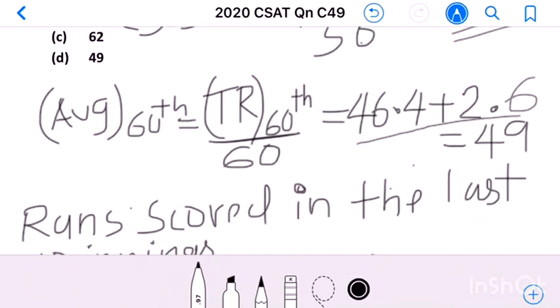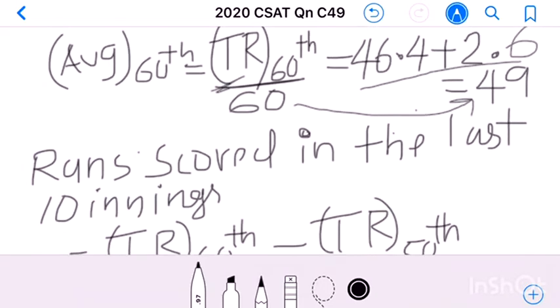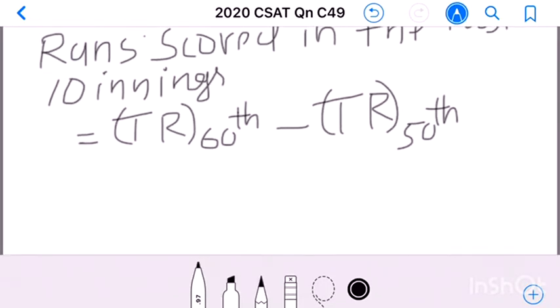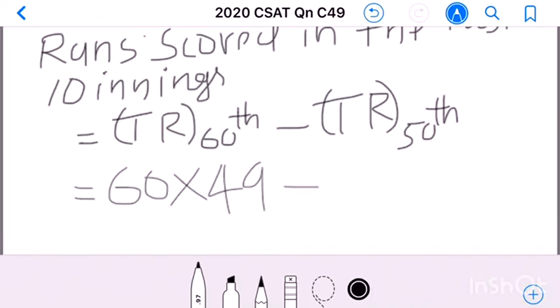Take this 60 to the right side, then it becomes 49 into 60. That is equal to total runs scored after 60th innings, 60 into 49, minus total runs scored after 50th innings.